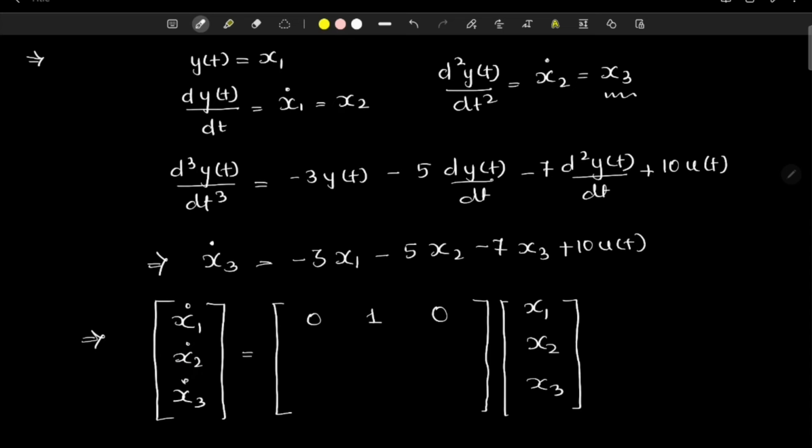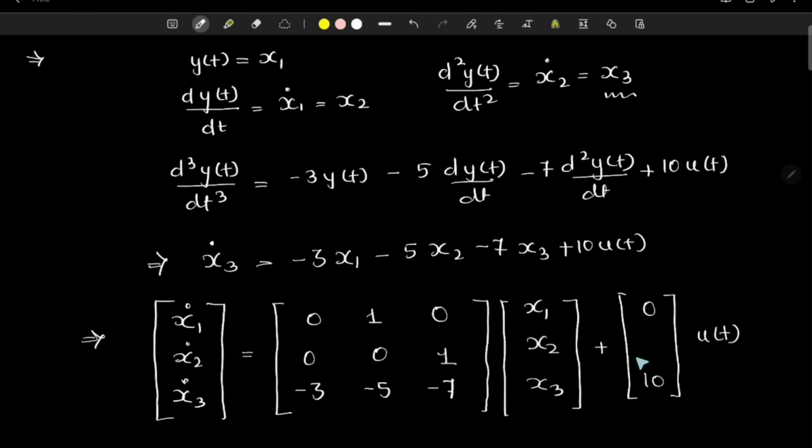Now what is x2 dash? x2 dash is x3, so x1 and x2 coefficients will be equal to 0, and this will be 1. Now what is x3 dash? x3 dash is minus 3x1 minus 5x2 minus 7x3 plus 10 u of t, right? So these two terms will be equal to 0.